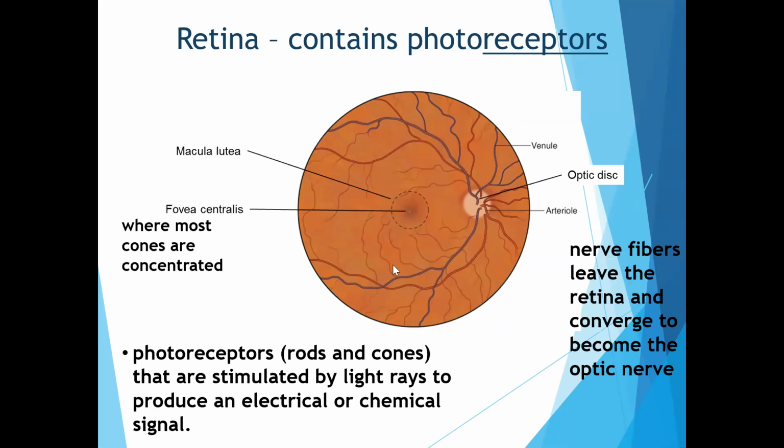Our rods are spread out everywhere else because they're more of a general receptor. As I said, the nerves leave the retina and converge to become the optic nerve. Where that convergence and exit occurs is known as the optic disc.